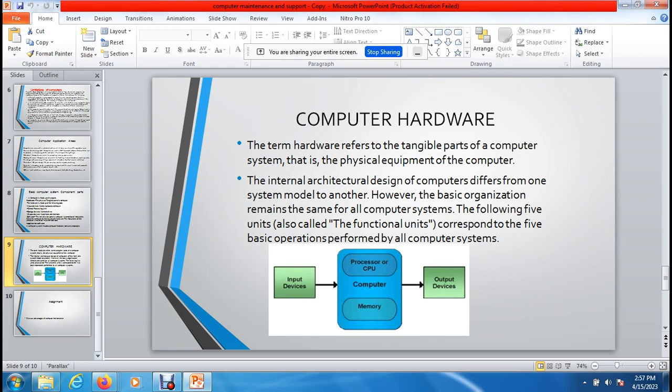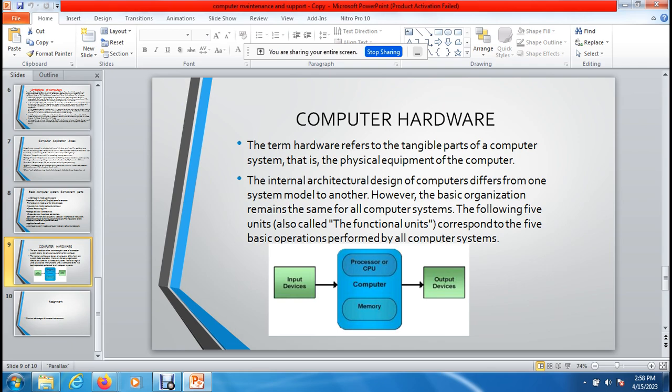Computer hardware corresponds to the 5 basic operations performed by all computer systems, and they include input devices, memory, the processor or CPU, and the output devices.